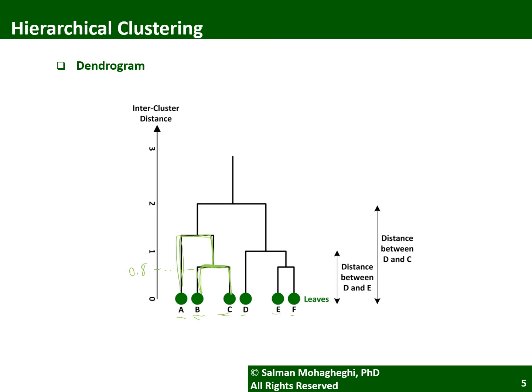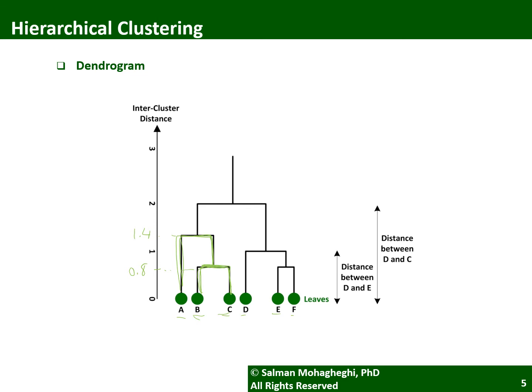And let's say you look at the cluster that consists of B and C and want to know how distant this is from point A, and you calculate that distance and it turns out to be 1.4. You then connect that cluster to point A at a height of 1.4. So the height essentially tells you how different or how similar individual data instances or clusters are.